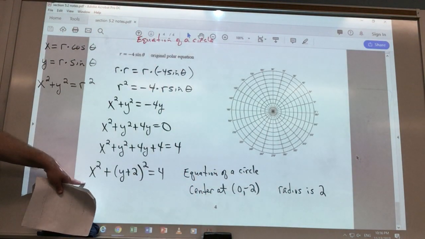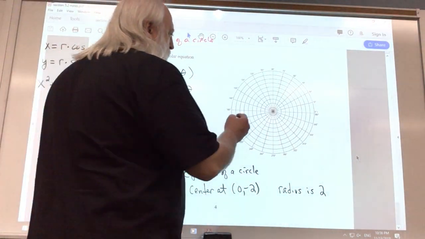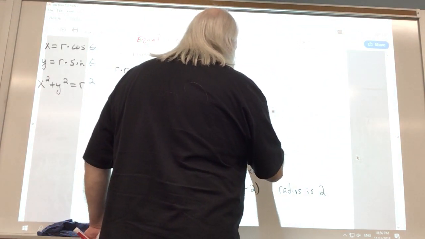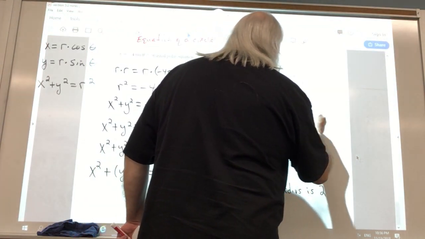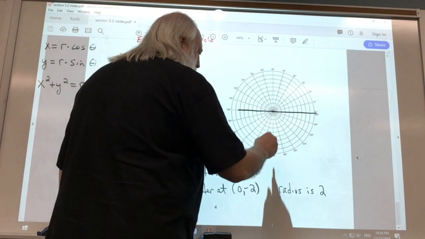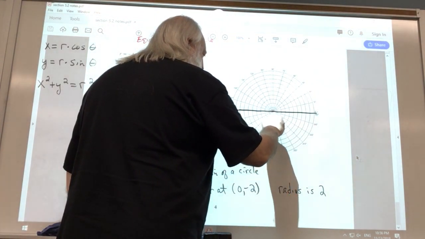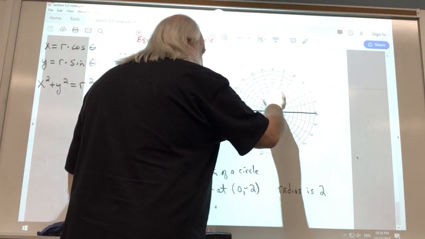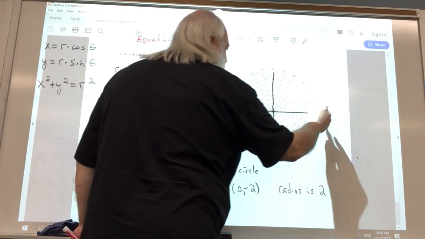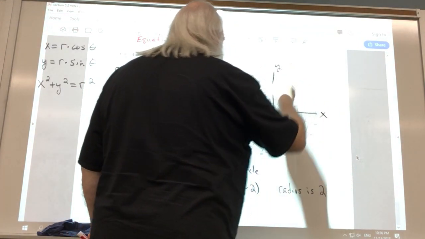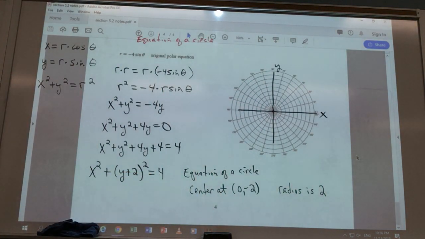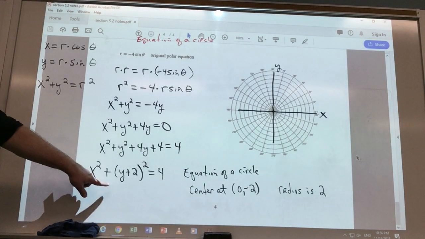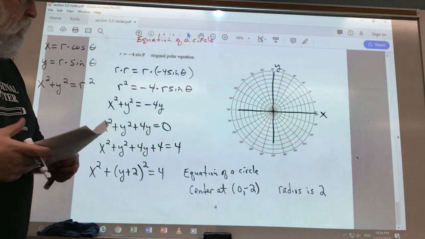So to graph this circle, again, we impose a coordinate plane on top of the polar grid with the origin at the pole. And so first we've got to plot the center, which is 0, minus 2.